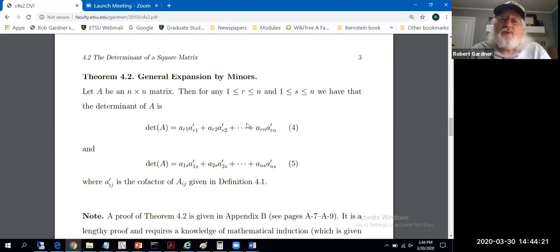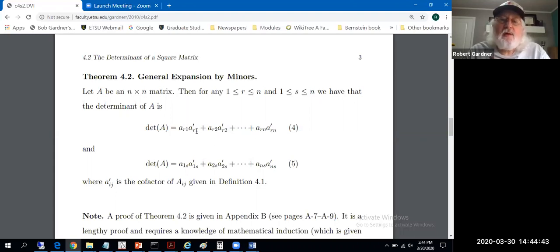For now, this just tells you you could expand along any row or column according to that same pattern. Now, I'll guarantee you these cofactors are going to go positive, negative, in terms of the powers of -1. Or I guess they could start negative and go negative, positive, negative, positive.